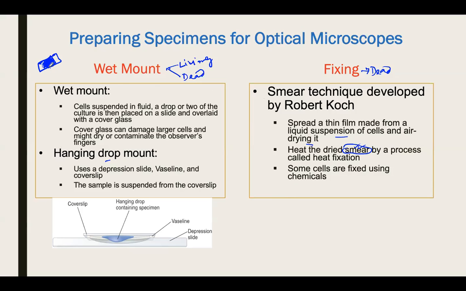Now when we make the smear, as I told, we add a little bit of water and then we spread it. Okay, and that way actually we try to fix the specimen onto the slide. Sometimes instead of water, we even use chemicals. If we use chemicals, that means by adding that chemical, we actually kill the specimen. Okay.